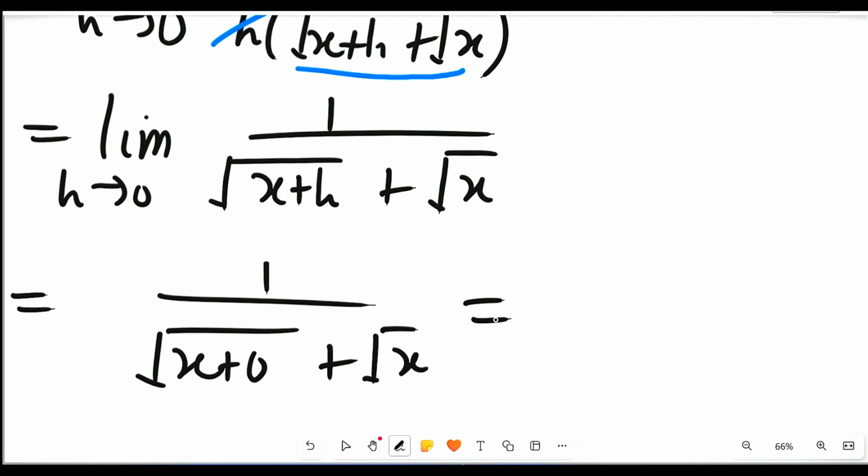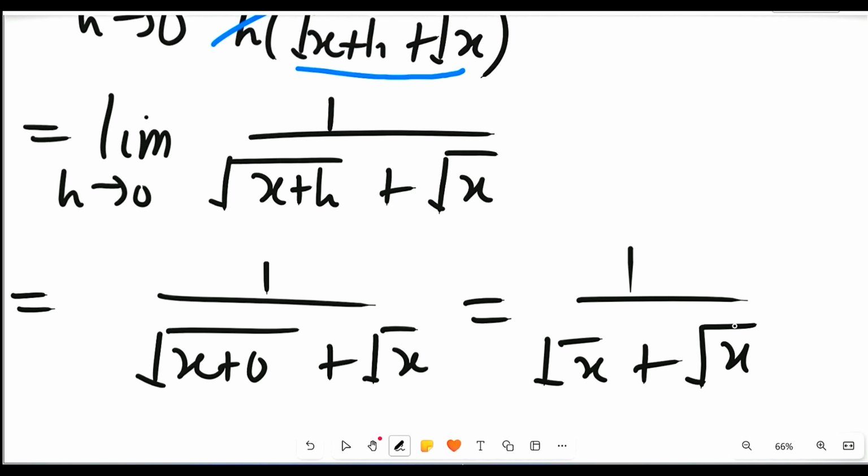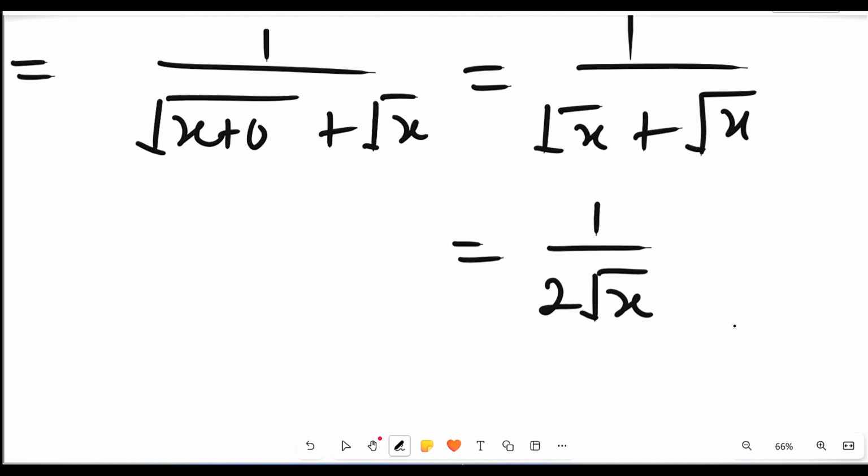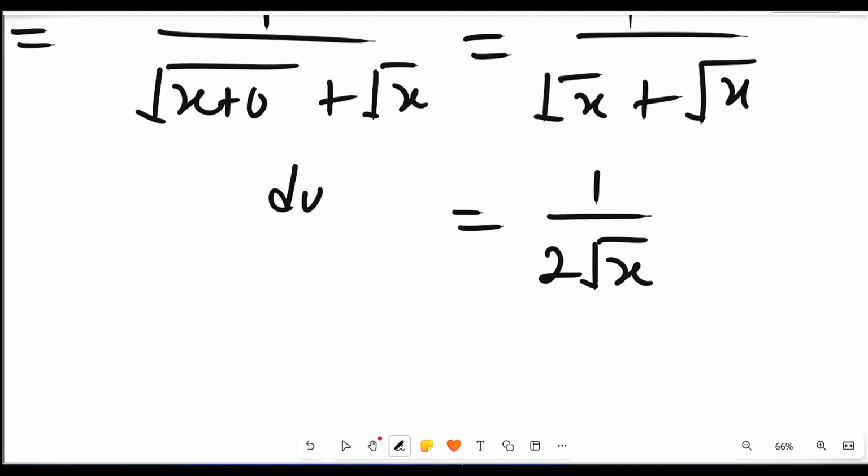And this will give us 1 divided by square root of x plus square root of x. So we can now add the square root of x to the second square root of x, since they are like terms. So we are going to get 1 divided by 2 square root of x. Alright, so this becomes our dy1/dx.